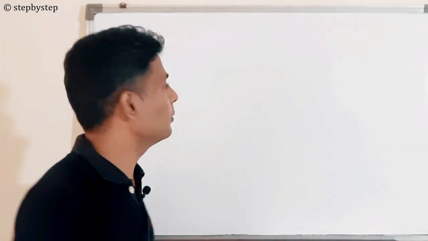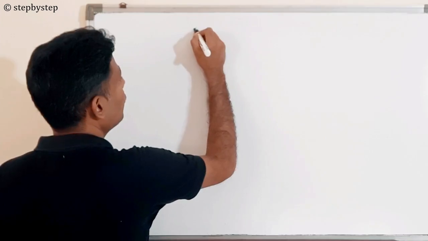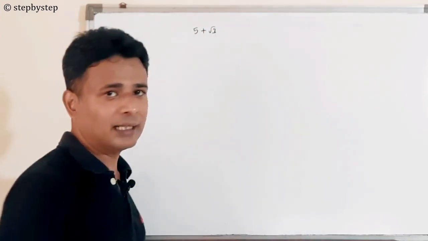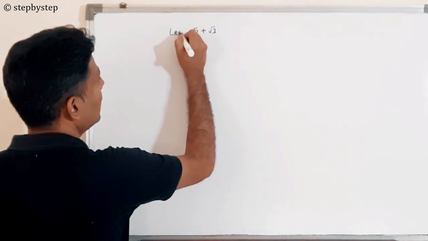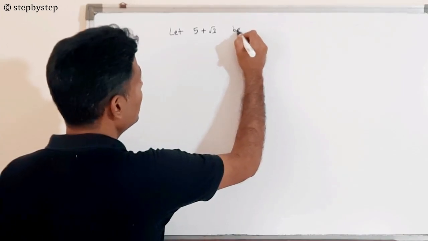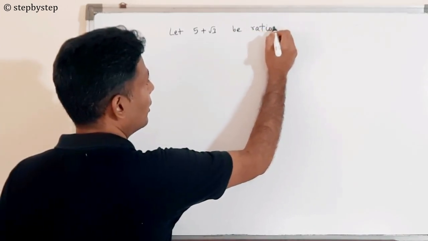Okay, the other kind of problem is, let's say they ask you to prove 5 plus root 3 is irrational. How do we do it? Again, assume let 5 plus root 3 be rational.